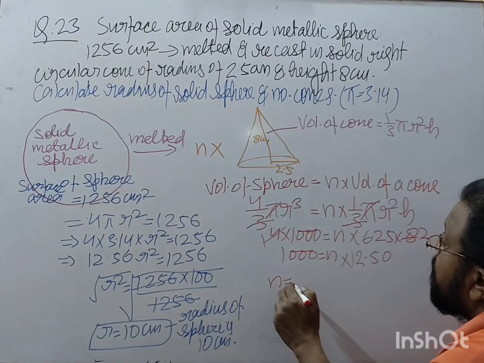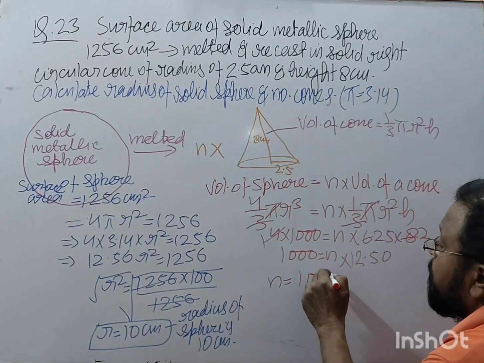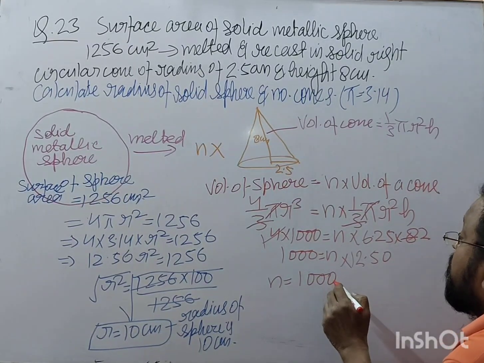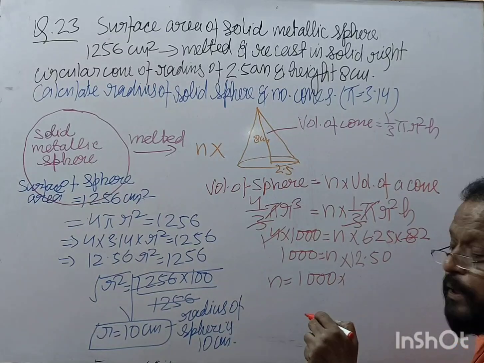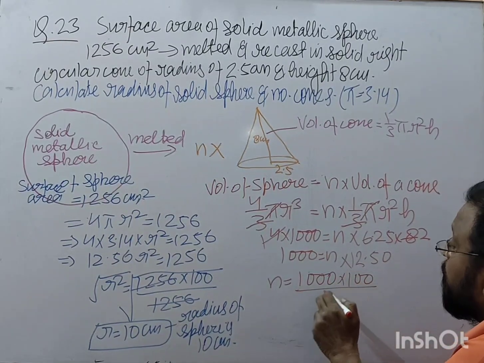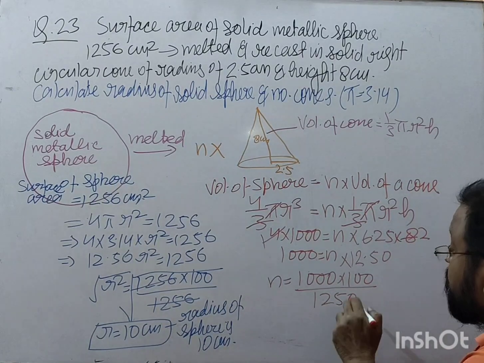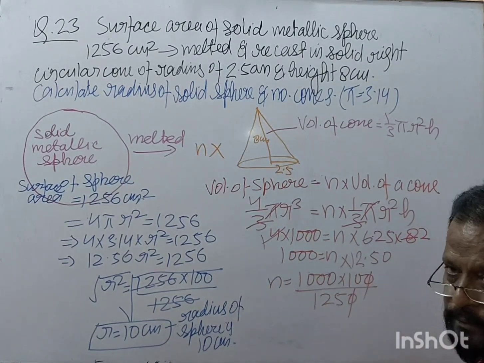So n is equal to 4000 into 100 upon 1250.